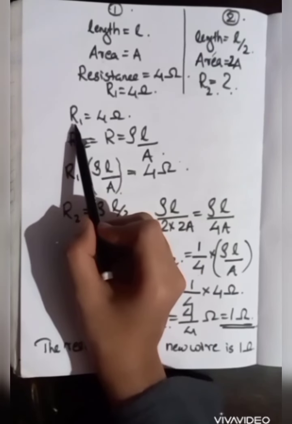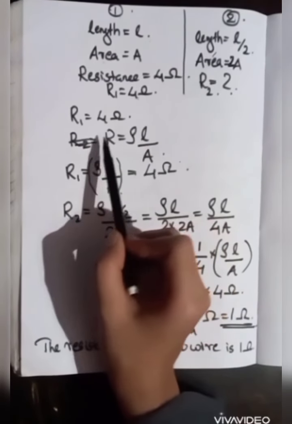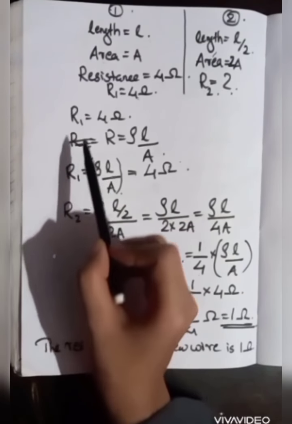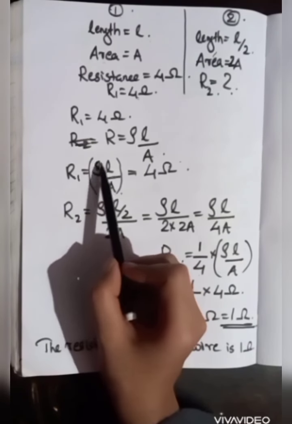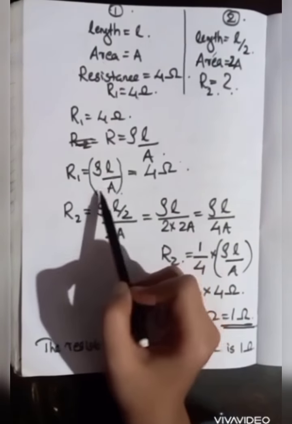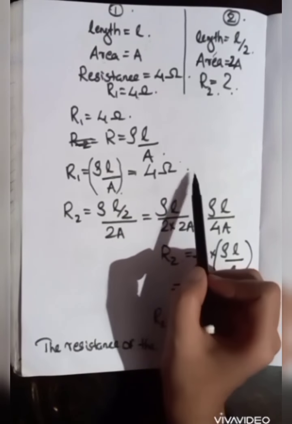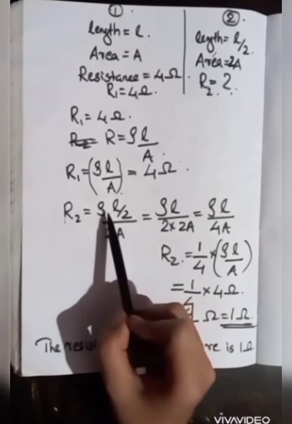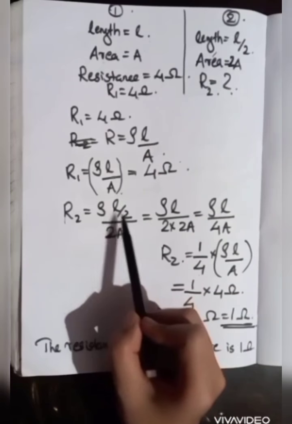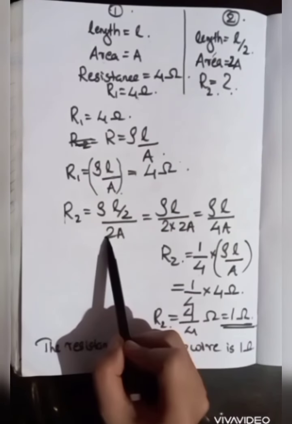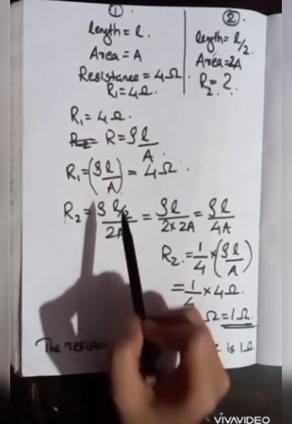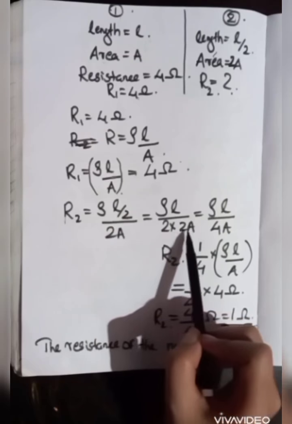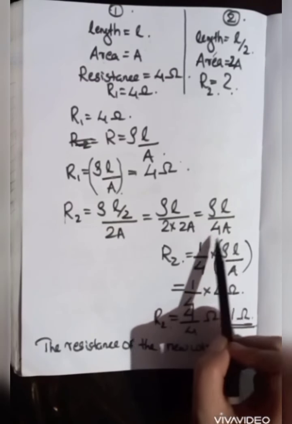We know the equation for resistance is R equal to rho into L by A. We take R1 equal to rho into L by A, which is equal to 4 ohm. Then R2, for the new wire, is rho into L by 2 divided by 2A, which is rho into L by 4A.